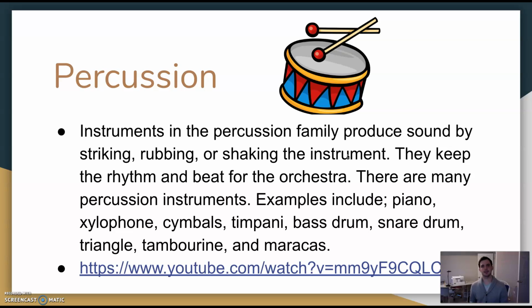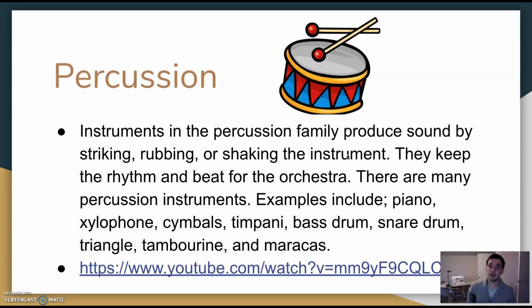And last but not least is percussion instruments. Now, if my students remember, the three main things that you can do to identify a percussion instrument is if you bang on it, if you rub it, or if you shake it to be able to produce a sound. There's so many different percussion instruments that you could be able to use. The drum, the tambourine, so many different ones.